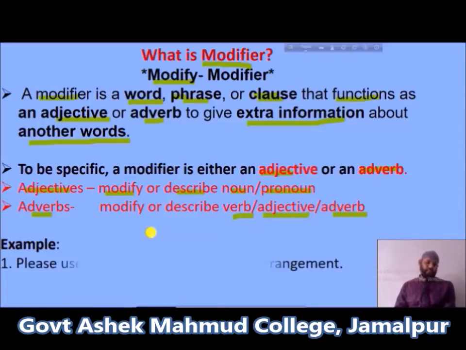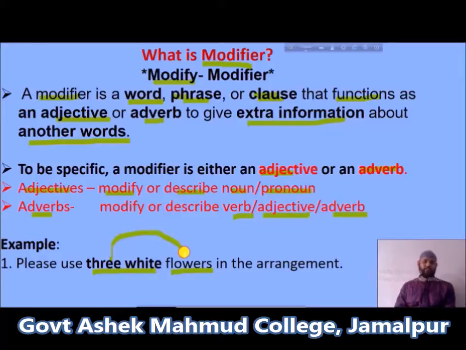Let's see some examples. Here in the first example, it's written here, please use 3 white flowers in the arrangement. Dear learners, here flowers is a noun and 3 and white, these two words are adjective because they are giving extra information about this noun flowers, and the 3 and white are modifier.